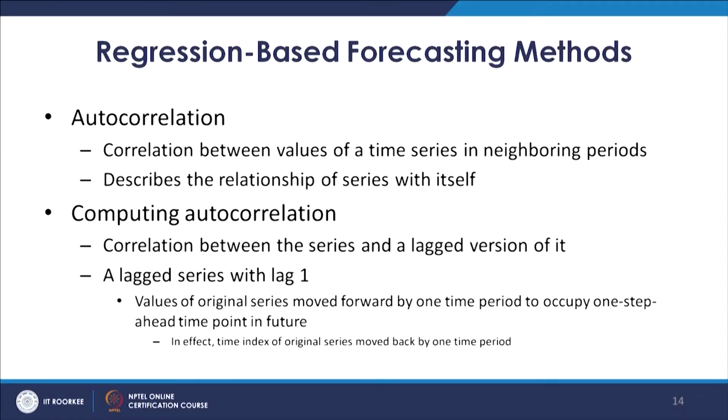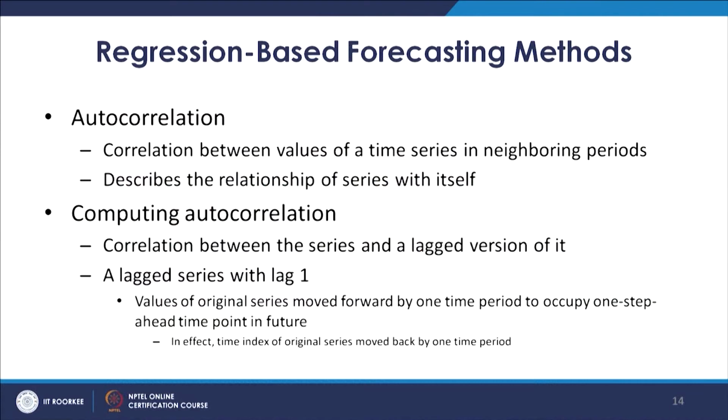The name describes the relationship of a series with itself: the values of a time series in neighboring periods are correlated, so a particular series is correlating with itself. That is why the term autocorrelation is used to explain this characteristic of a time series.